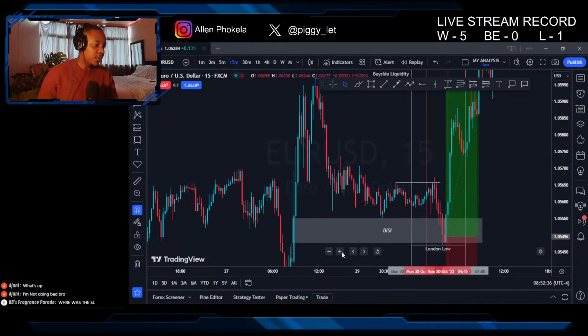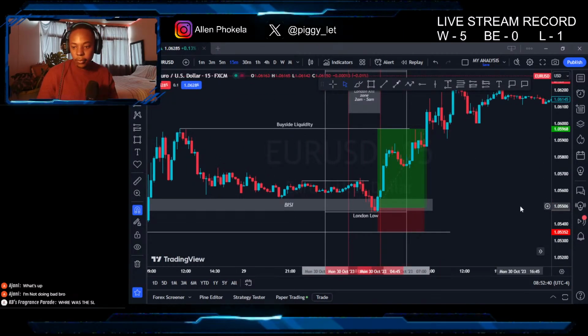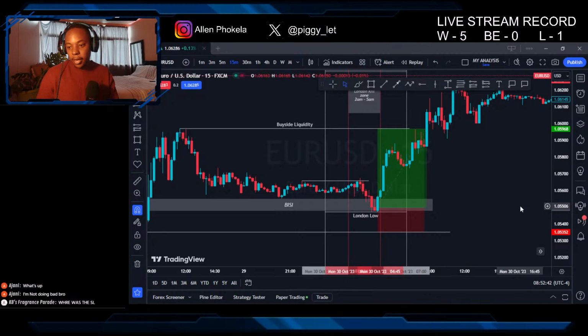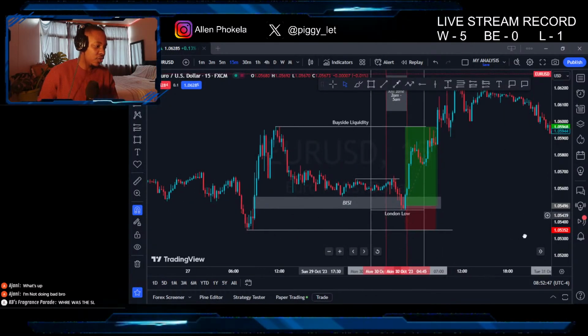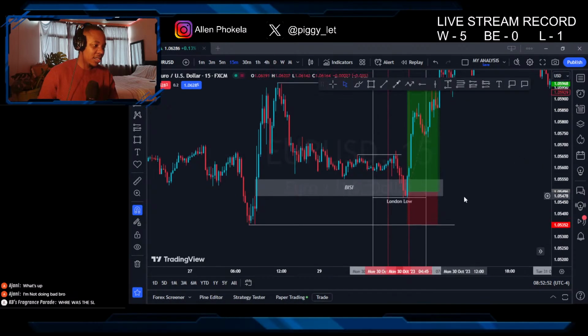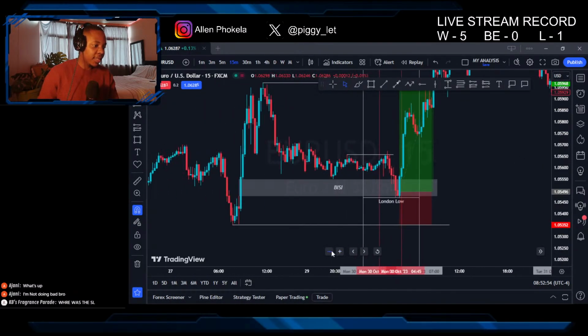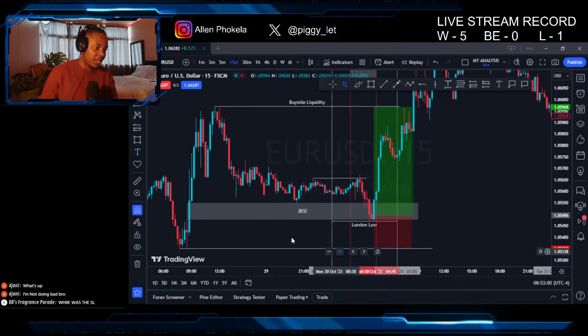So that's how you trade the London kill zone. This was yesterday. I'm just going through how to trade the London kill zone. This wasn't a trade that was taken or anything. I'm just explaining the London kill zone, how to trade the London session.